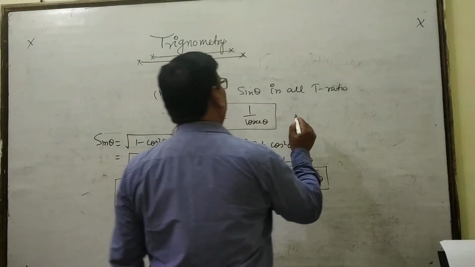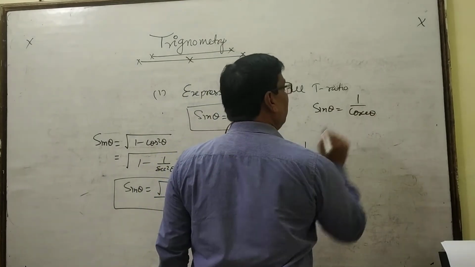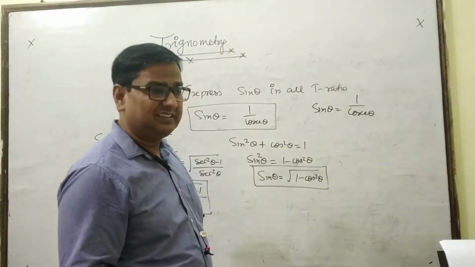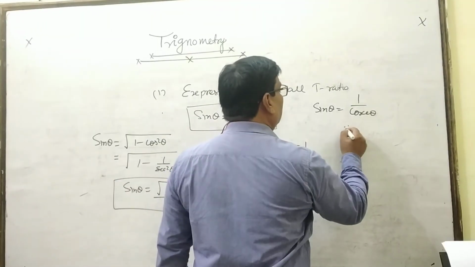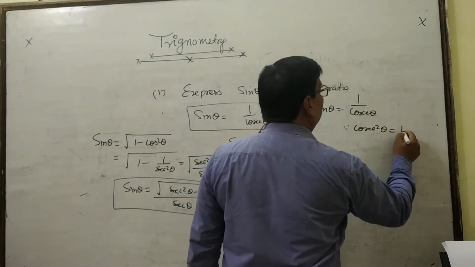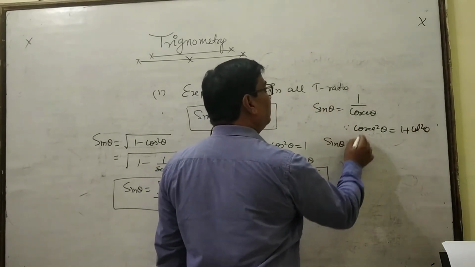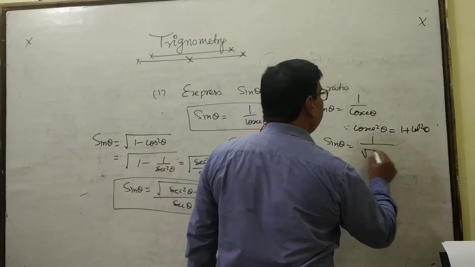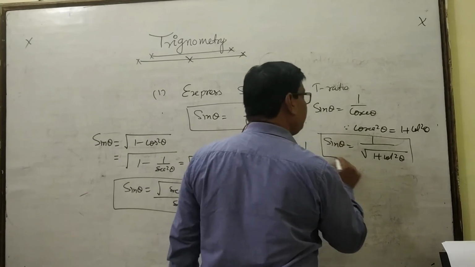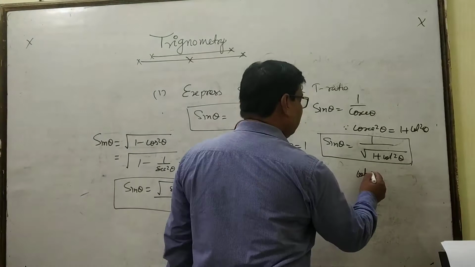How? Sine theta is 1 by cosec theta, and you know very well 1 plus cot square theta is equal to cosec square theta. So cosec theta is 1 upon under root 1 plus cot square theta. And you know cot theta is 1 by tan theta.